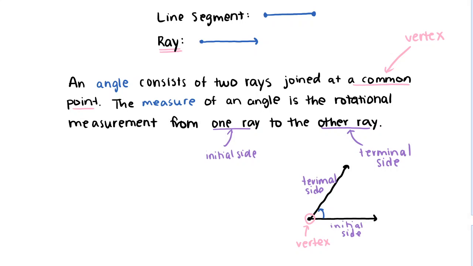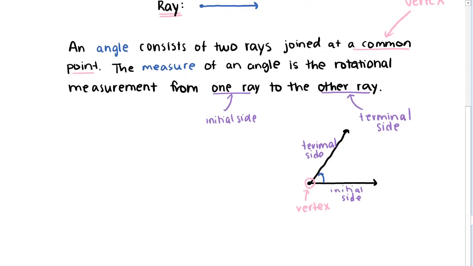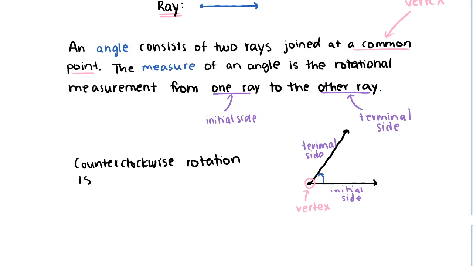Some other ideas when it comes to angles and measuring them is that we like to think of counterclockwise rotation as a positive angle measurement, whereas clockwise we'll think of as negative rotation.